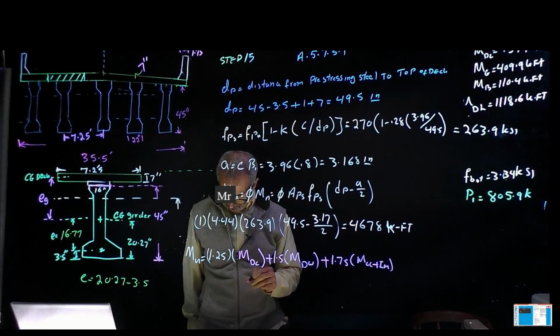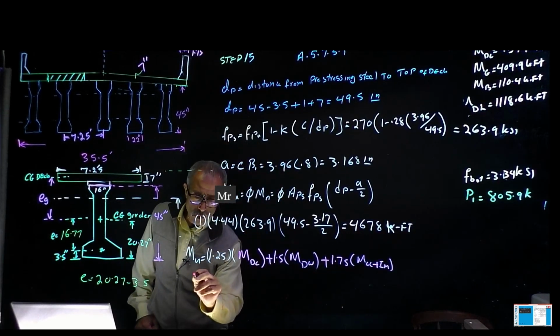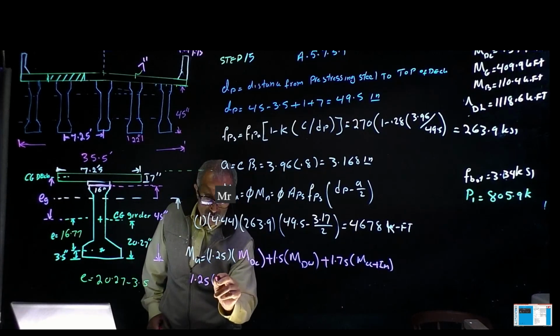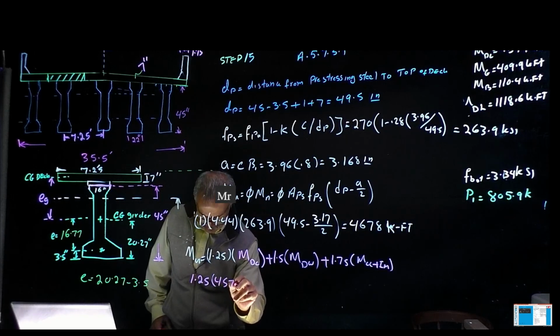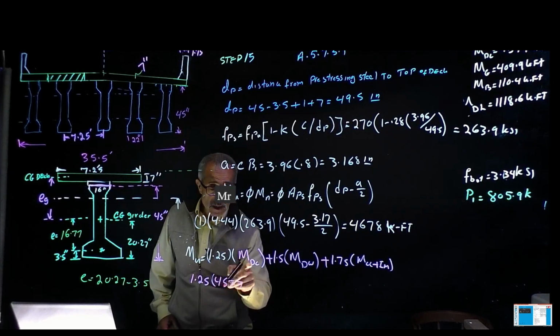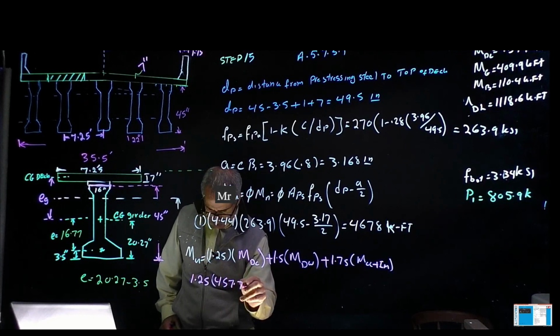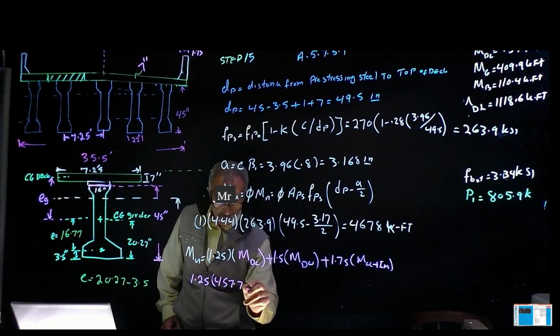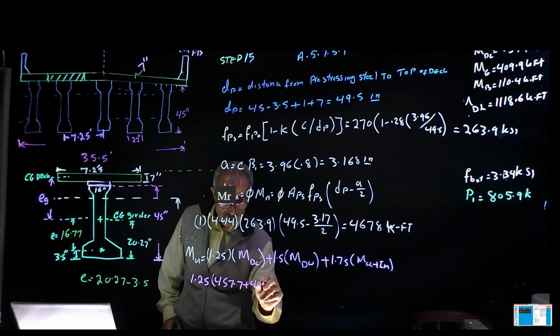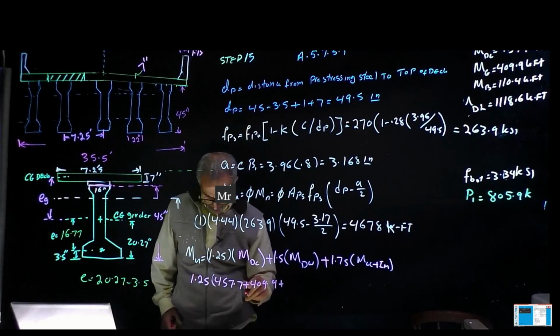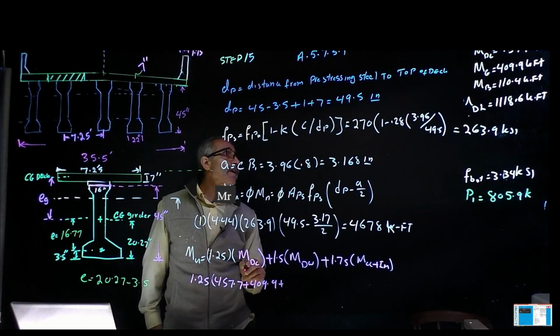So that comes out to 1.25 times 457.7, the M_DC also includes the haunch, plus 409.9, and then one more, plus 110.4.